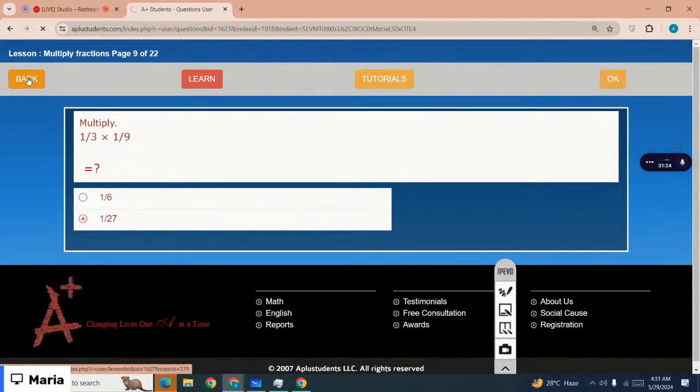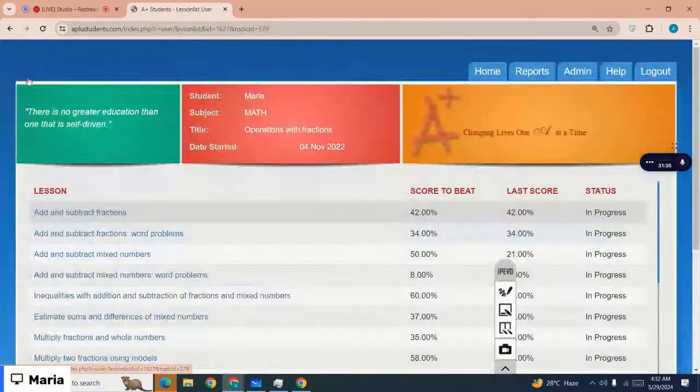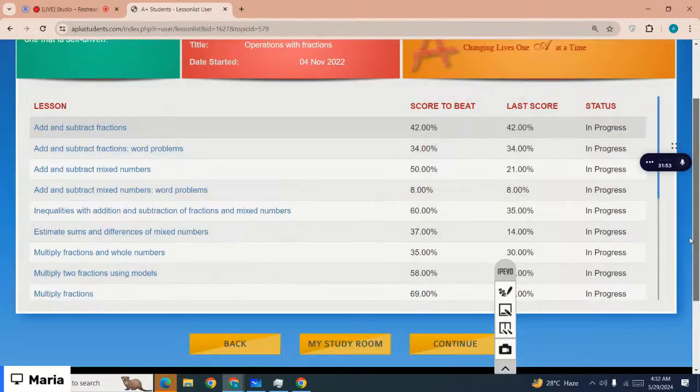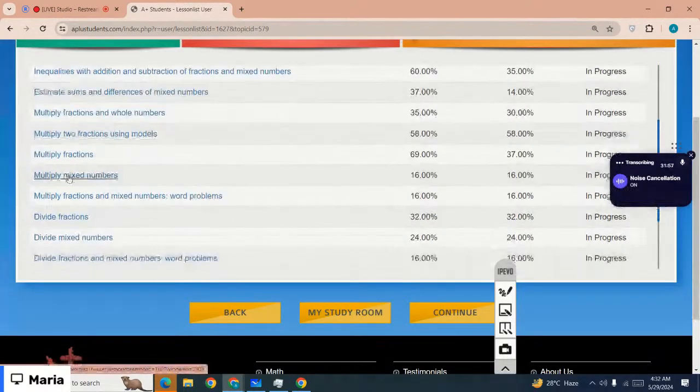And the next lesson is multiply mixed numbers.